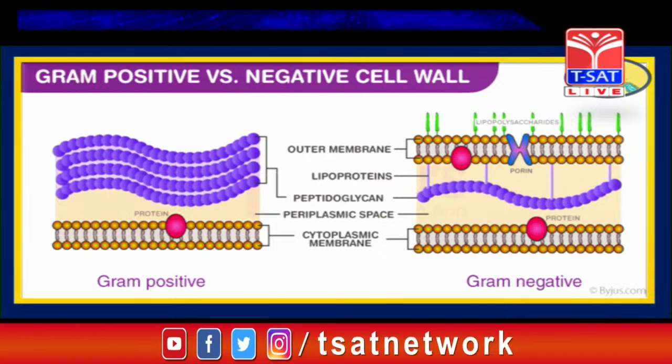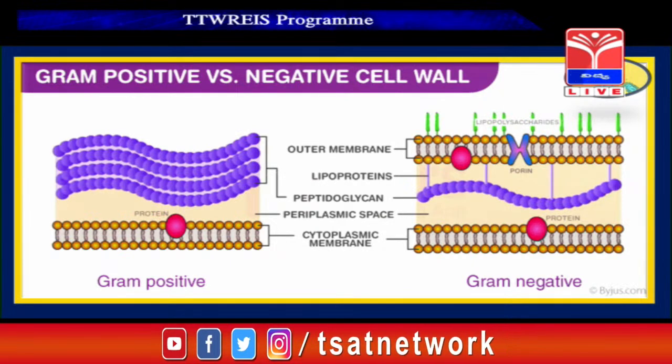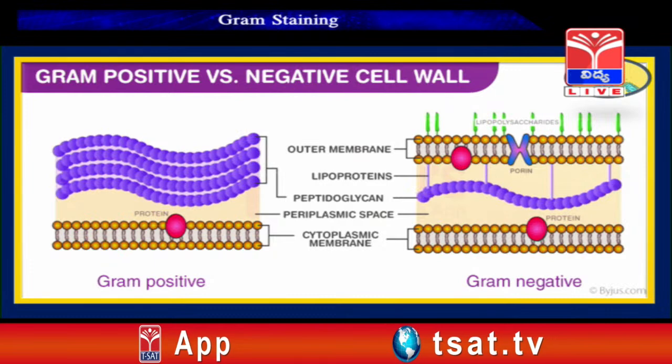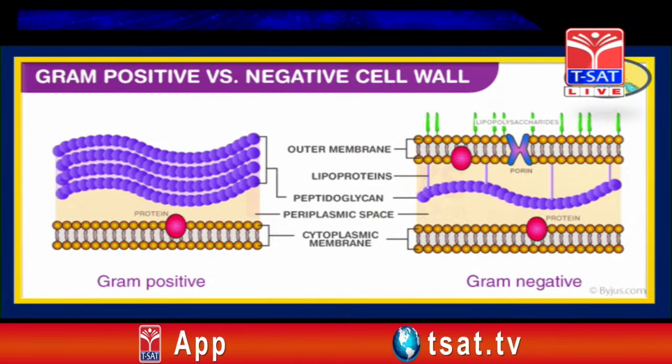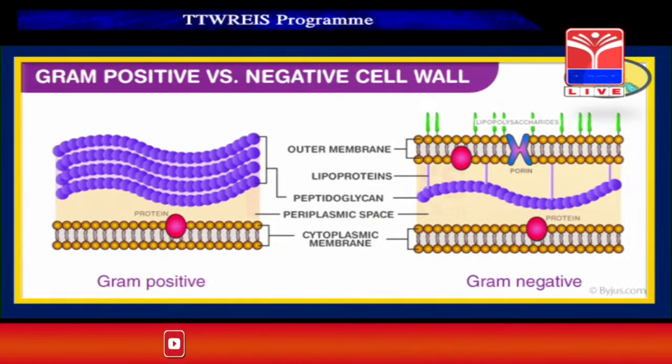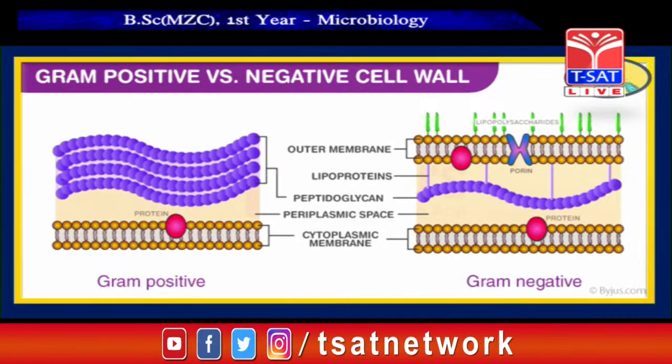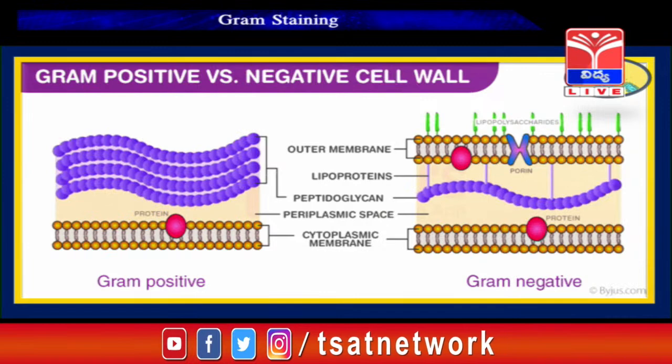Peptidoglycan is a layer which can be considered the backbone of a bacterial cell wall. Peptidoglycan consists of mainly two portions: the first one is the glycan portion and the second one is the peptide portion.